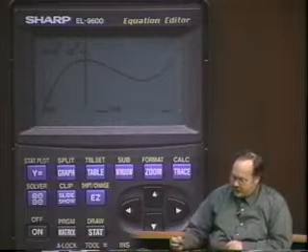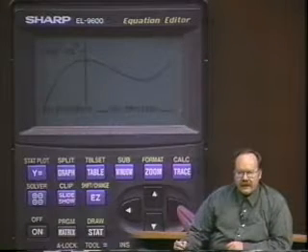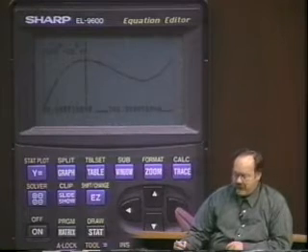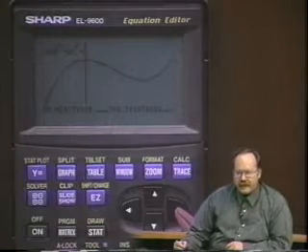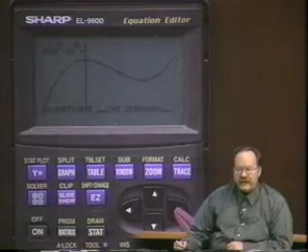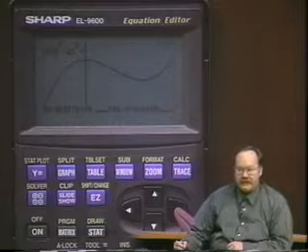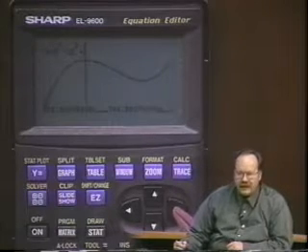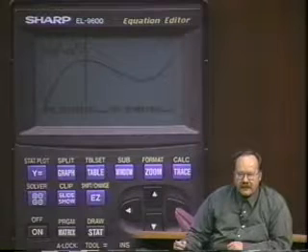And now let's go to the right and move the cursor all the way down to the bottom of that trough, because that seems to be the place where the decreasing part turns into an increasing function. So it's taking a little while to get there. Okay, I'm getting down to about where I think the bottom is.